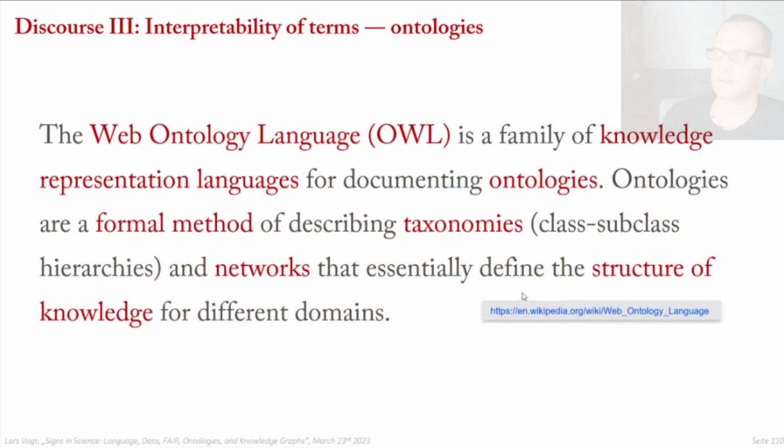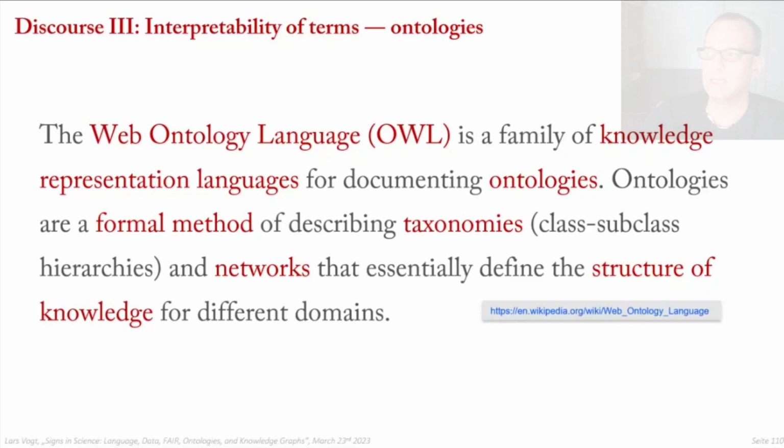So ontologies. The web ontology language, also called OWL, is a family of knowledge representation languages for documenting ontologies. And ontologies can be understood to be a formal method of describing taxonomies, which means class, subclass hierarchies of terms, and of networks that essentially define the structure of knowledge for different domains.